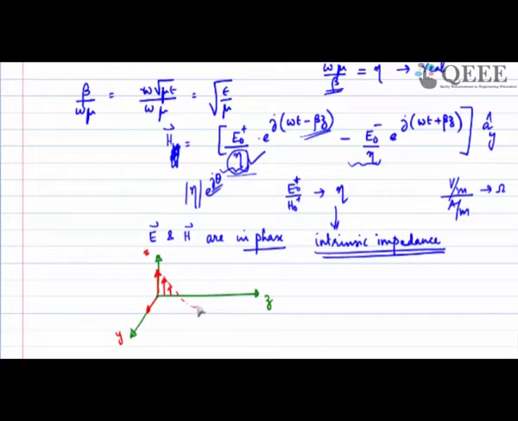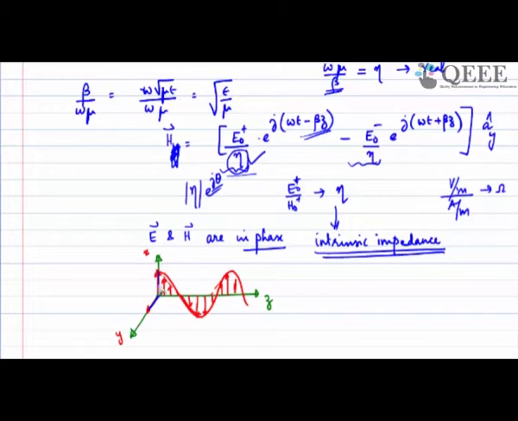So I have a sinusoidal variation of the E field, and as E is oscillating in space and propagating in space, what is H doing?